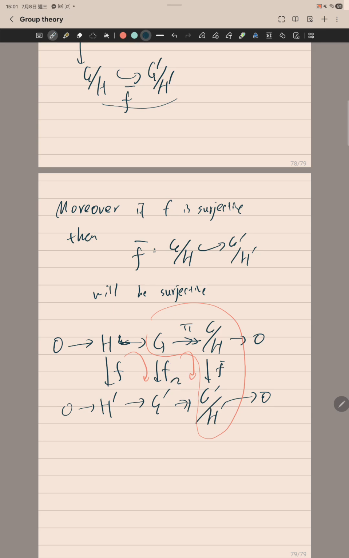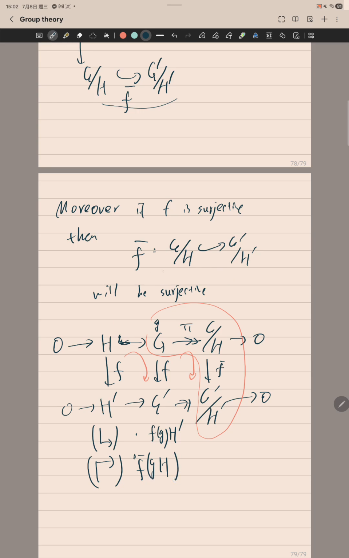Basically, I think one can easily show it's commutative. So we can try. Suppose we start with g here, and this will be f(g), right? So this maps to f(g)H prime, and this is this direction, and the above direction will be gH mapped by f bar.